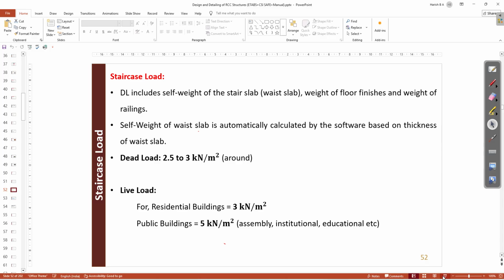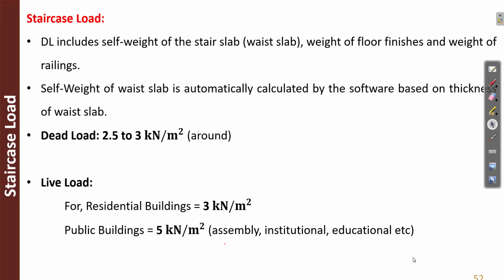So next is staircase load. In staircase, dead load includes self weight of stair slab, which means waist slab, weight of floor finishes, and weight of railings. If you modeled your waist slab as a part of your model, then the self weight of waist slab is automatically calculated by the software based on the thickness of the waist slab.